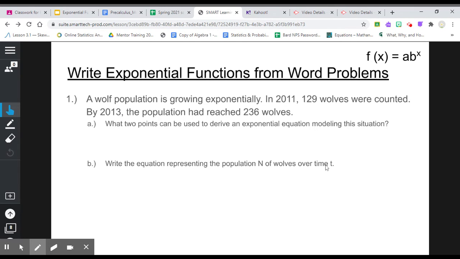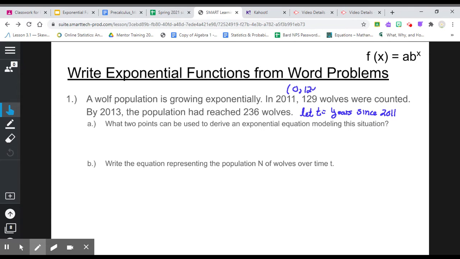I'm seeing down here, do you like T and N? So let's just say T. To make our math a lot easier, I'm going to let T equal years since 2011. You don't have to do that, but they didn't tell us what to do. I could always let T be the raw number, or I could let T start at 0, but in my scenario, I'm going to let T equal years since 2011. When I do this, this point is really 0, 129.